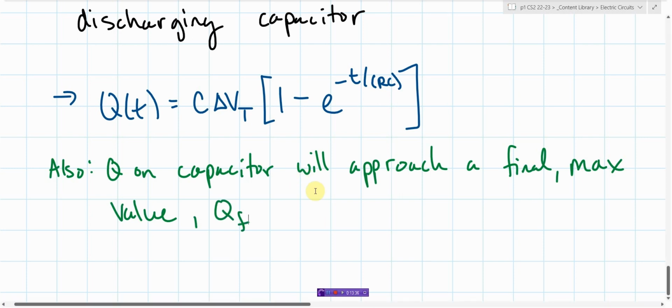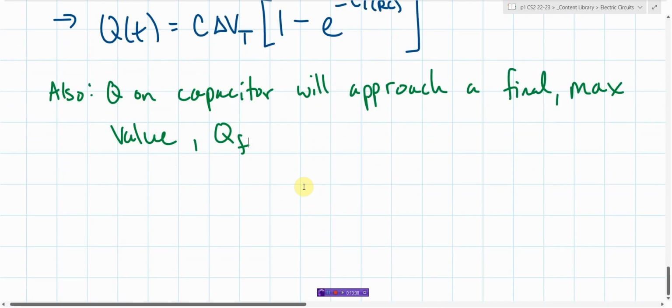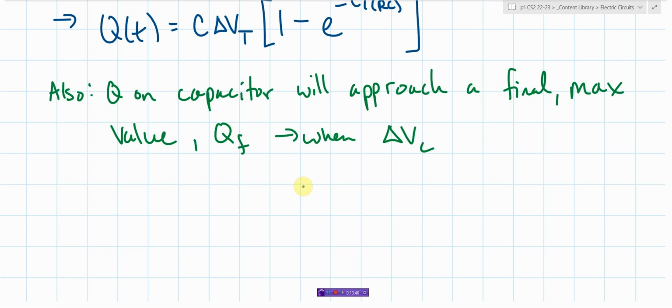That QF is the Q we have when the capacitor's potential difference equals the potential difference of the battery, which is just supplying a potential difference across the capacitor to maintain that charge.